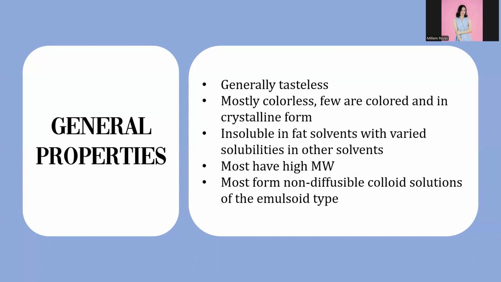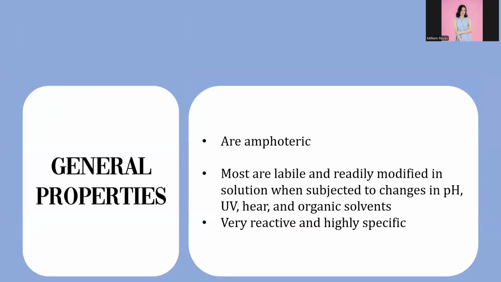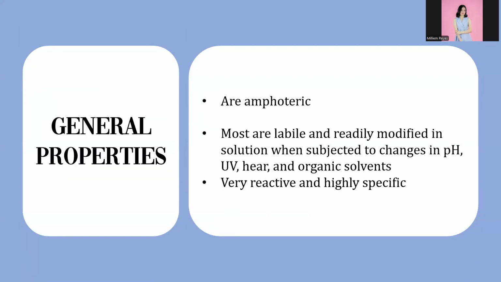Most also form non-diffusible colloid solutions of the emulsoid type. So that just means proteins usually exist in liquid and will also be dissolved in another liquid. So those are your colloid solutions of the emulsoid type, mostly. They are also generally amphoteric.